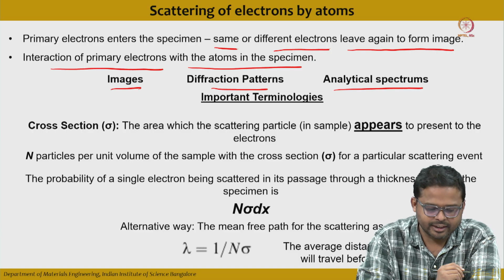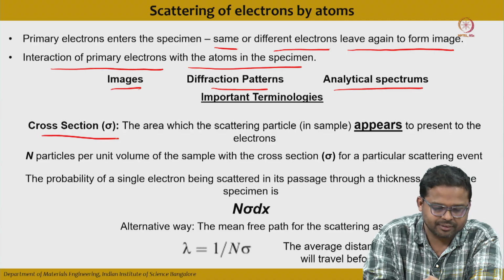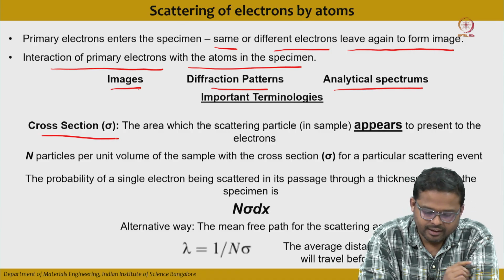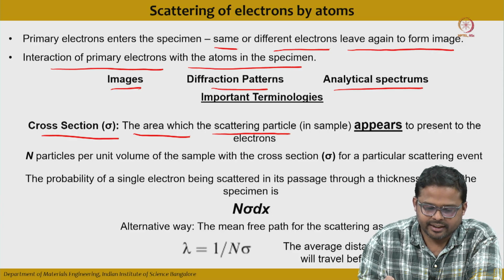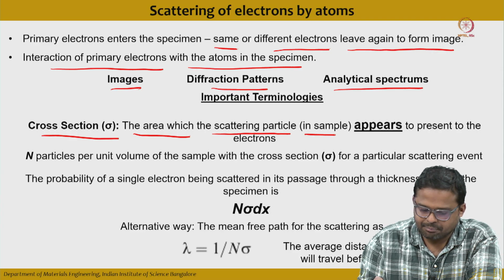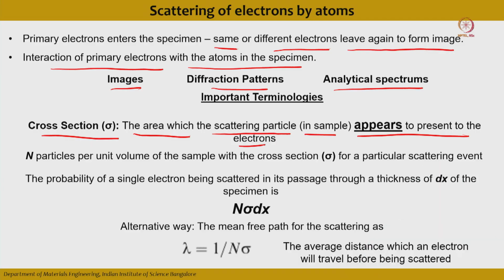So, an important terminology is the cross section. What is cross section? This is the area which a scattering particle in the sample appears to present for the electrons to be scattered. So, this is the cross section.